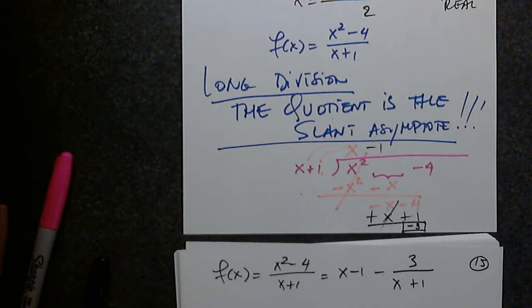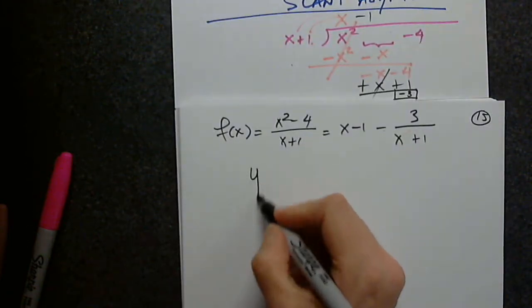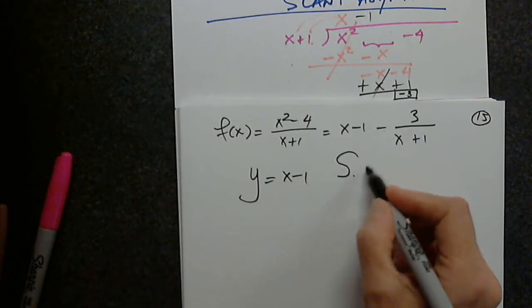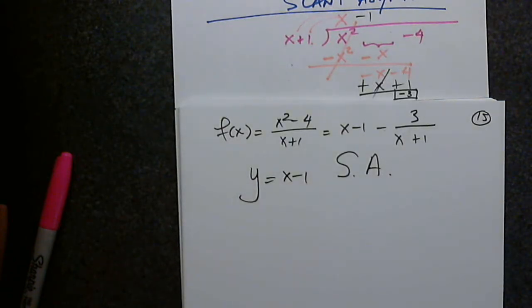So now, when x approaches infinity, where does this go? Or negative infinity, doesn't matter. Where does this go? Right. That's the reason why that is a slant asymptote. So y equals x minus 1 is the slant asymptote.